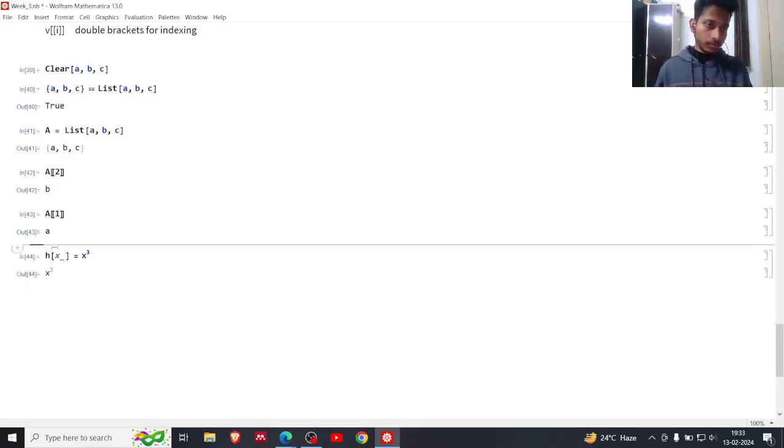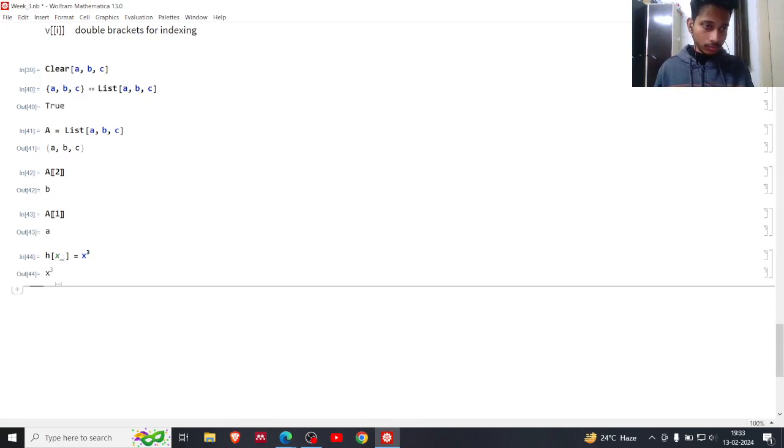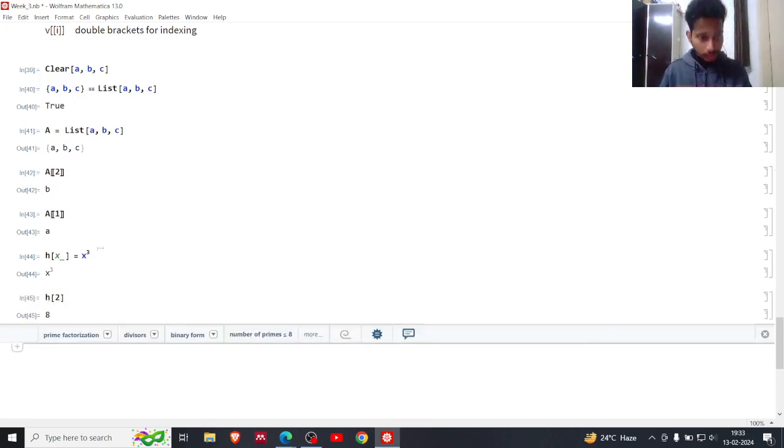Yes, so now this is a function defined by h of x, that is x cube. Now I'll write h of 2, that is 8.